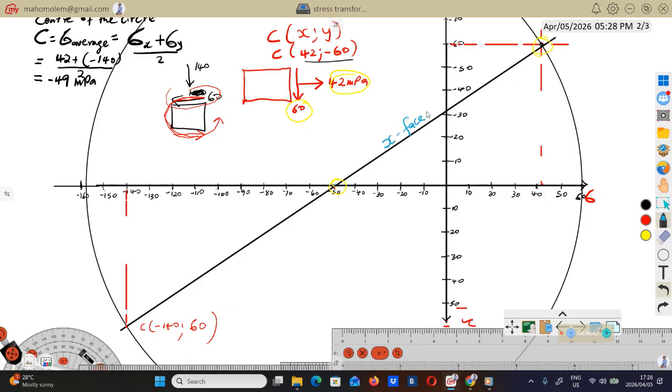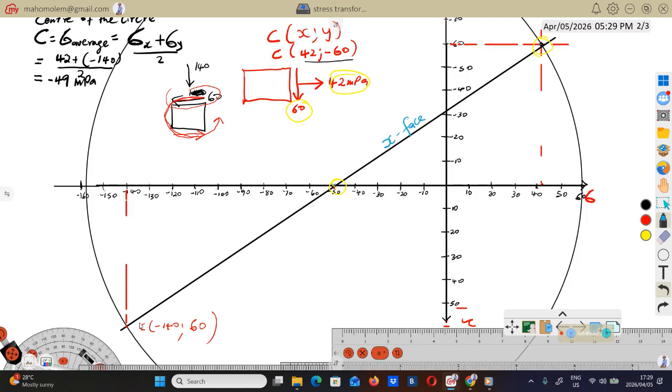We're going to rotate it from the x face, meaning that we're going to measure from the x face, in an anti-clockwise direction at an angle of 48. But remember, in terms of angles, when it comes to the Mohr cycle, the angle will multiply by 2.